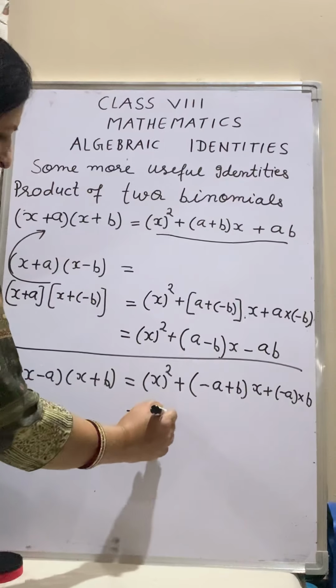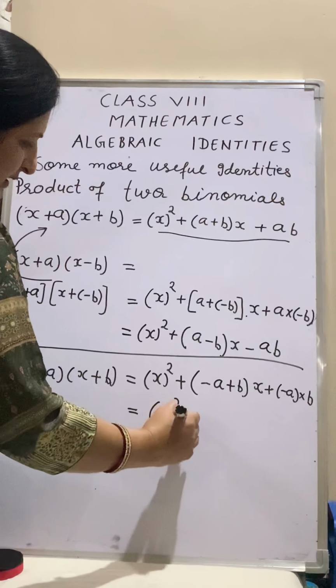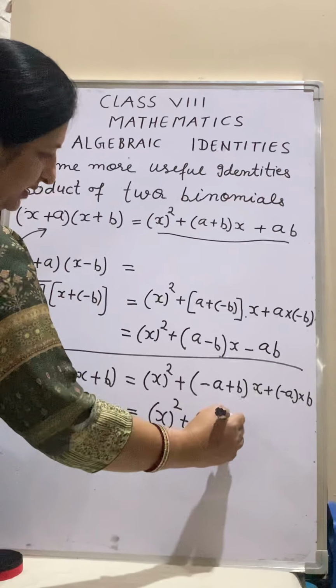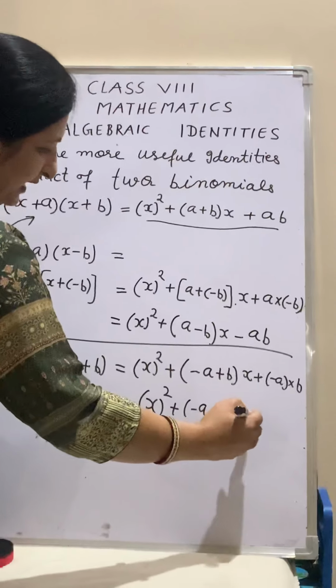Now we will solve: x whole square plus minus a plus b, multiplied with x, and minus a.